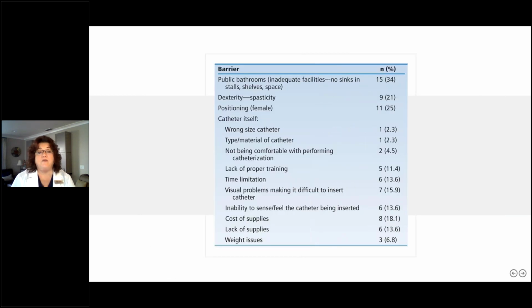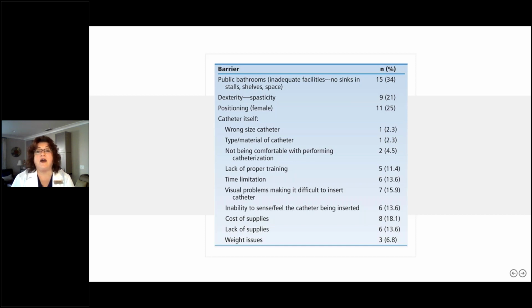They found the barriers to doing their intermittent catheterization, the main one being public bathrooms. There are no sinks in the stalls, unless you get one of those handicap stalls that might have a sink, but most don't. There are no shelves in most, no space, nowhere to set anything.